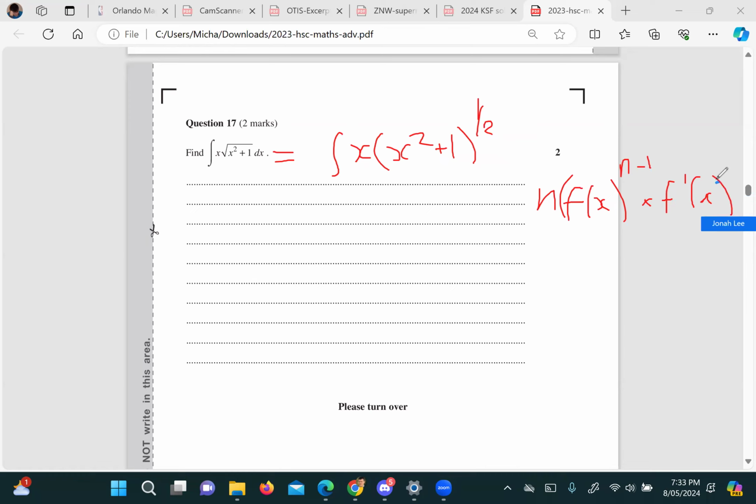So I have the derivative of inside the brackets, which is 2x, and then times n, which is 1 times 3 on 2, outside of x squared plus 1. And then the 2 and the 2 cancel.